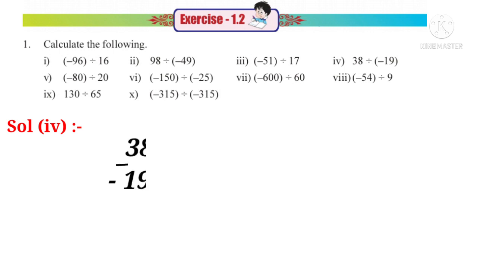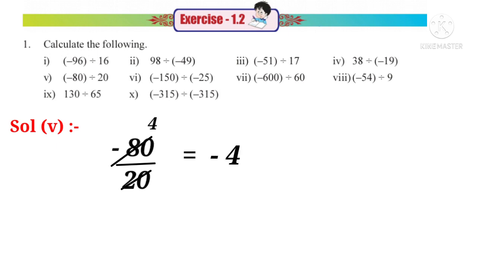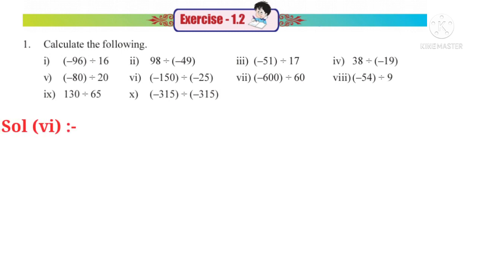Solution 4. 38 divided by minus 19. Plus divided by minus is minus. On simplification, 19 2 times, that is equal to minus 2. Solution 5. Minus 80 divided by 20. Minus divided by plus is minus. On simplification, 20 4 times, that is equal to minus 4. Solution 6. Minus 150 divided by minus 25.